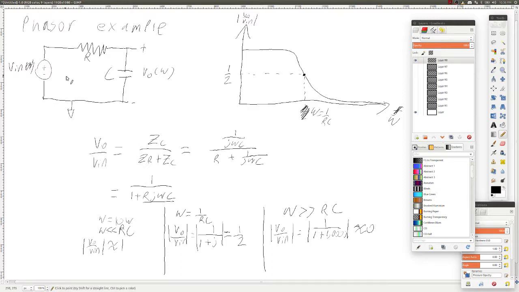This means that low frequency components go through, high frequency components do not. If a signal is composed of high frequency components and low frequency components, this RC circuit can strip out the high frequency components and just let the low frequency components through. And we choose what frequency we cut off at.